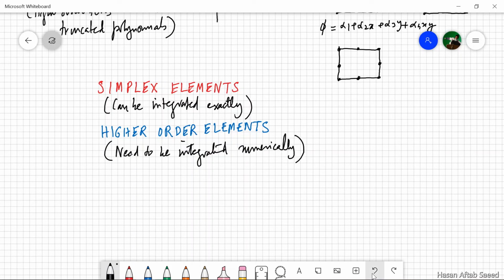Now, this could give you exact solution, but more often it gives you an approximate solution. Once we are done with simplex elements, we'll take up higher order elements, and before that we'll just brush up on our numerical integration skills, which is not a very difficult thing to do.